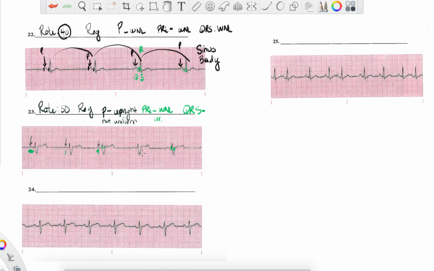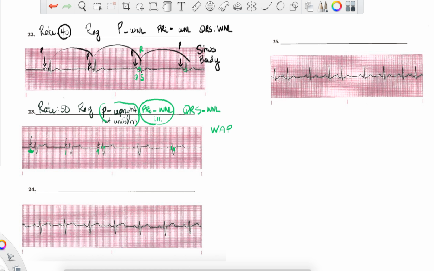Okay, it looks wide, but if you really count it out, you'll see that it falls right at the 3 boxes. So some people would argue that it looks wide. Nonetheless, if we look at our rate and then the P wave is going to be the dead giveaway, because the P wave is different every time and it makes the PR interval a little different every time. So this is wandering atrial pacemaker. All right, that one was a tough one.